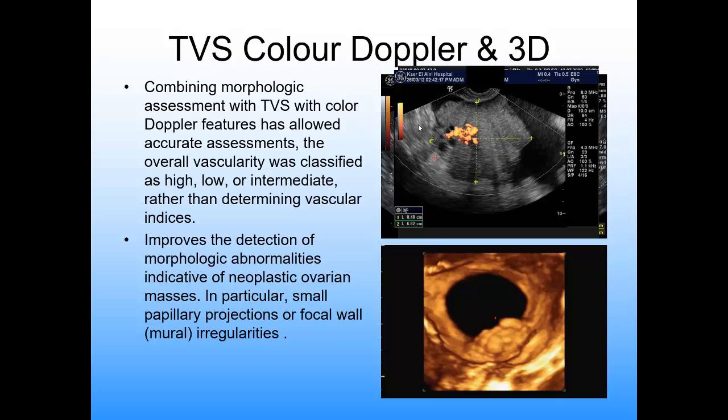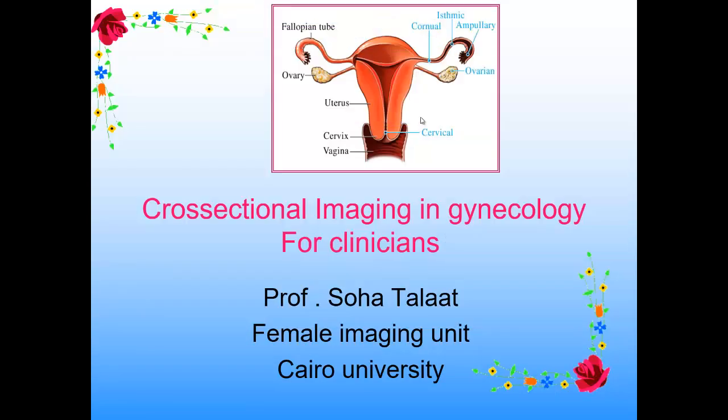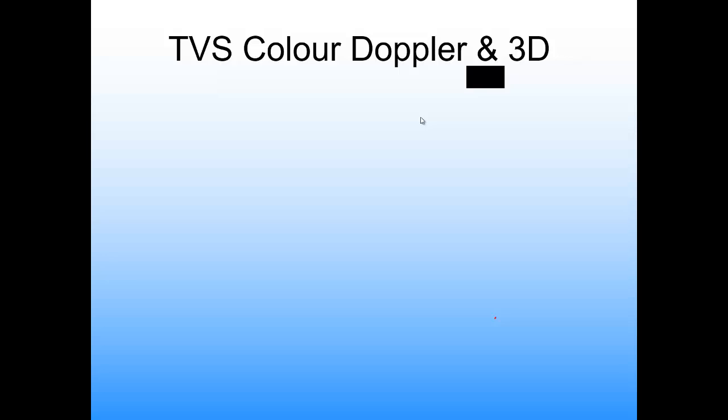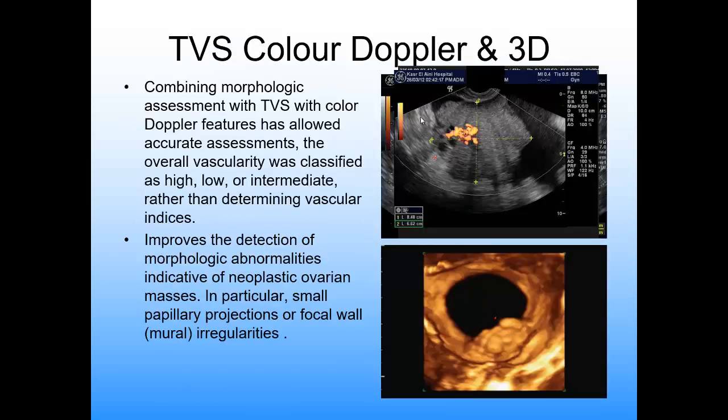On ultrasound, combining the morphology of the lesion together with the color Doppler score is very important in the assessment of adnexal masses. So combining morphological assessment with transvaginal sonography with color Doppler features has allowed accurate assessment.